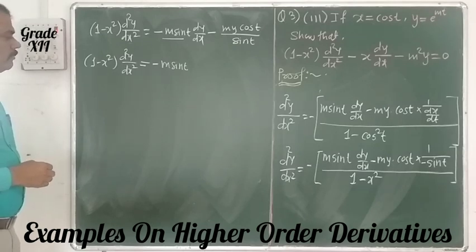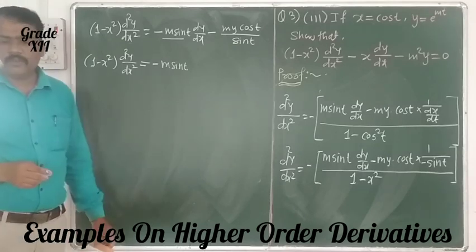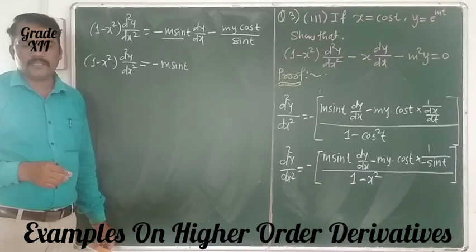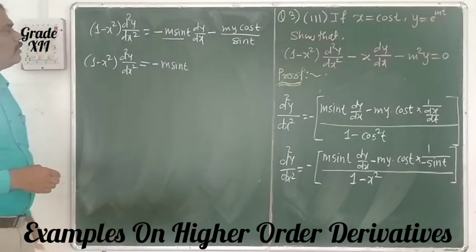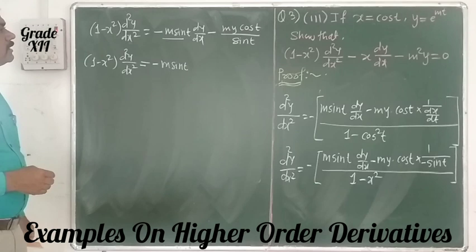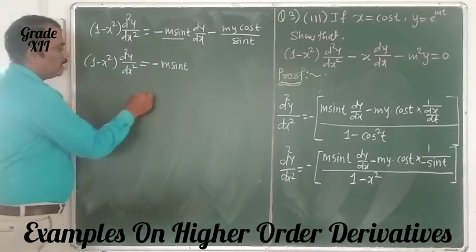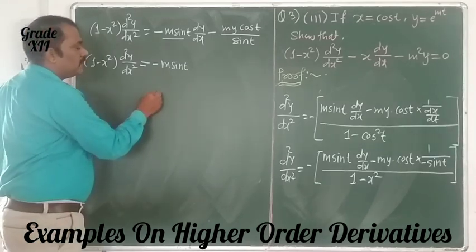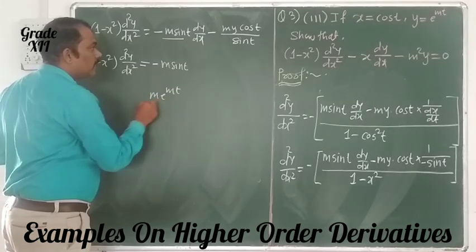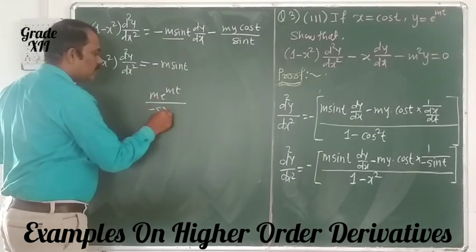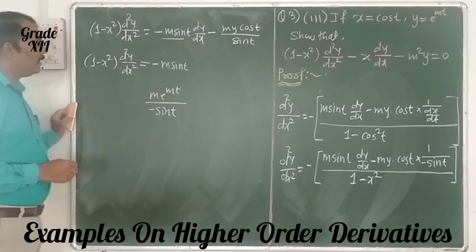We have to put the value of dy by dx. The value of dy by dx is nothing but dy by dt, that is m into e raised to m t, divided by minus sin t. That is the value of dy by dx.